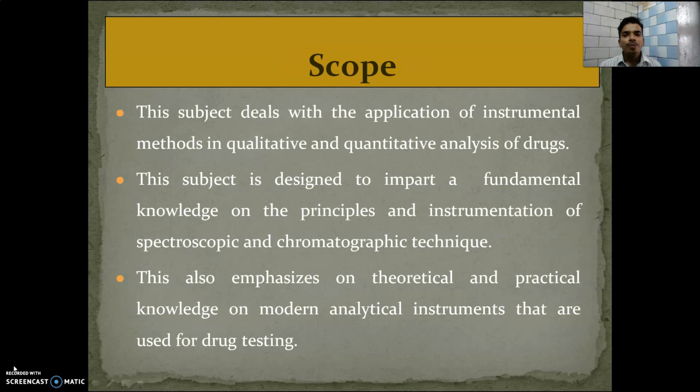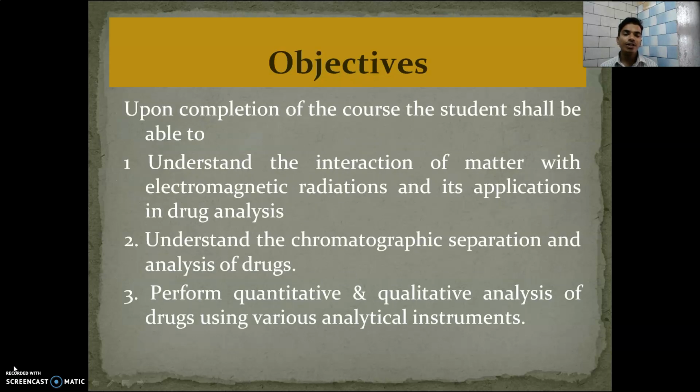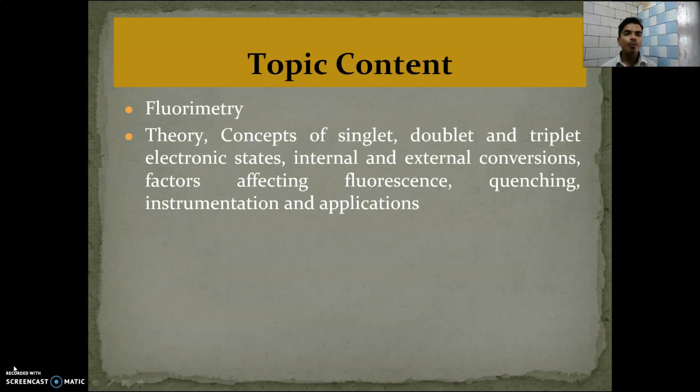Now that the scope and objective of the subject are known, we will move towards the topics included in this chapter. Fluorimetry contains the theoretical part: the concept of singlet, doublet, triplet, electronic state, internal and external conversion, factors affecting fluorescence and quenching, instrumentation and application. We will complete all this part through this presentation.